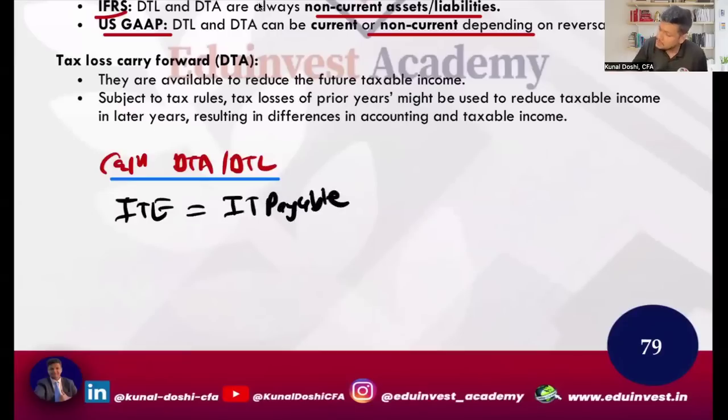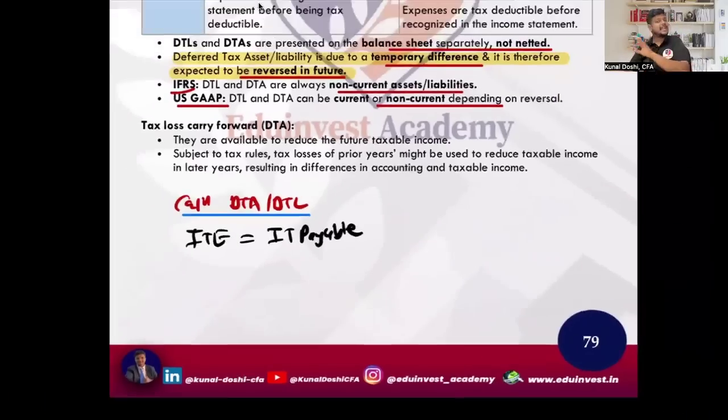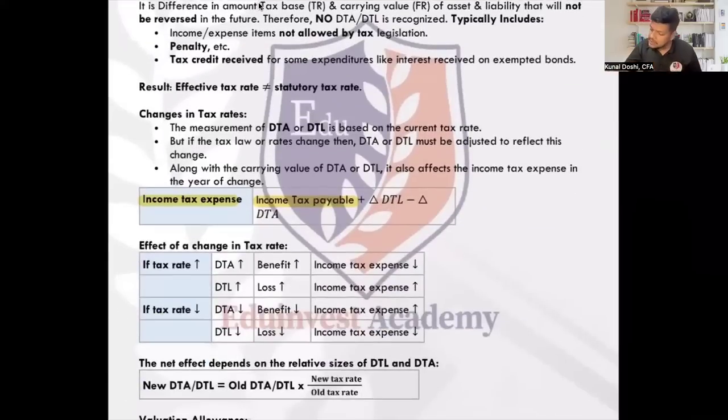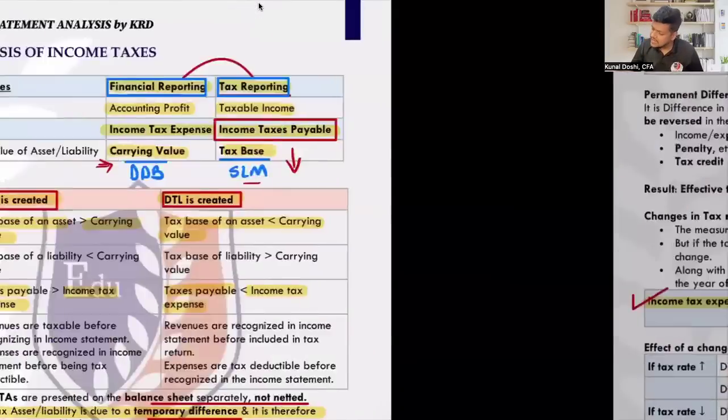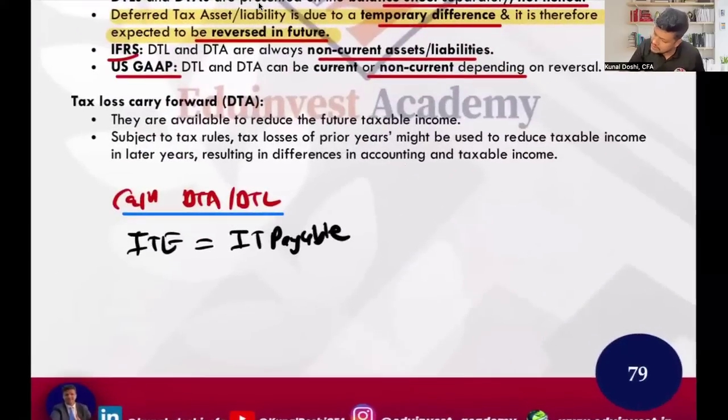Payable is as per the tax reporting. I've put it up in the notes behind: income tax expense equals income taxes payable plus change in DTL minus change in DTA. This we will understand in a moment, but you need to understand that the difference between income tax expense and income taxes payable is due to DTA and DTL. This is one way to calculate.